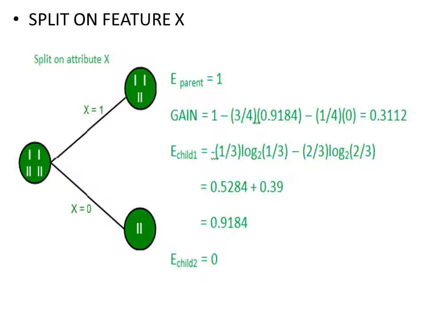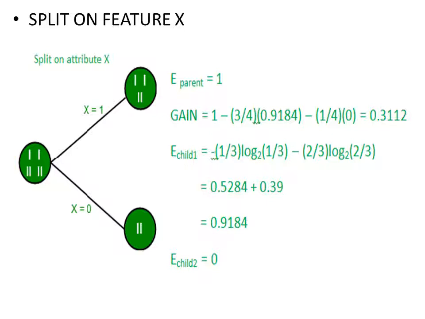Based on the formula, the value is calculated. 3 by 4 is given: 3 is the possibility of the positive instance. 1 by 4 is given: 1 is the possibility of the negative instance. So 4 is the total possibility.